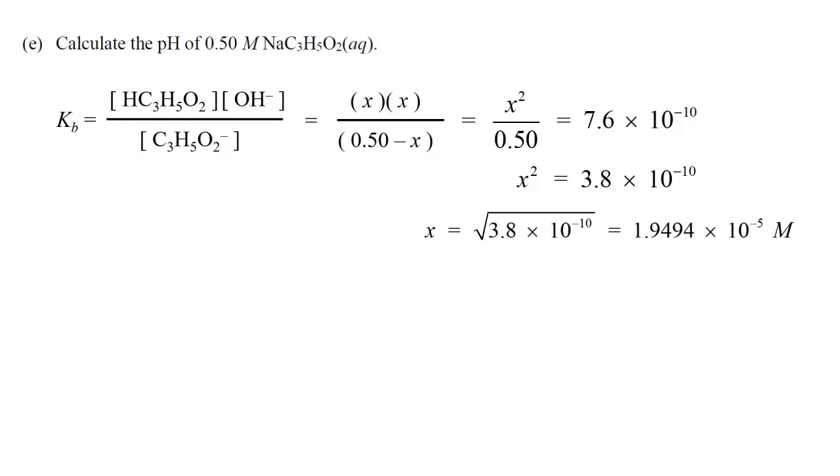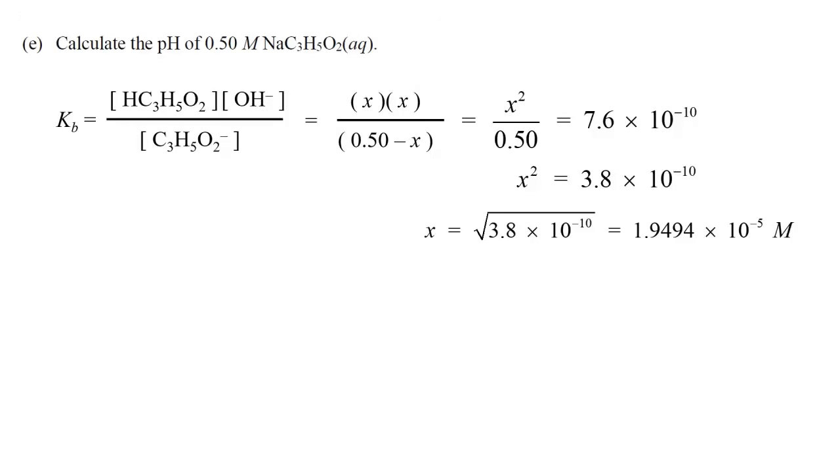So x is equal to the square root of 3.8 times 10 to the negative 10. And so when I did that math, I got 1.9494 times 10 to the negative 5, and that's my value of x. I'm not going to round off this number very much at this point because I'm not done yet, so I'd rather keep some extra digits of precision until I'm all done.